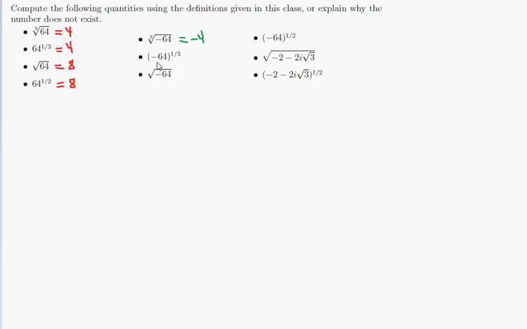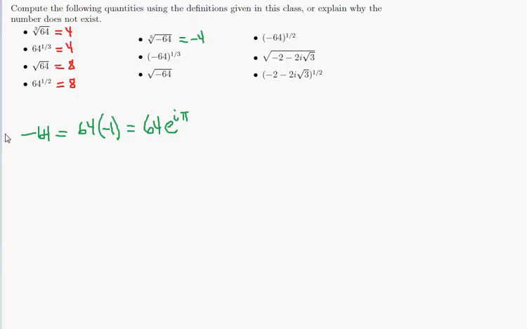When we use this notation, negative 64 to the 1/3, we're going to be using de Moivre's theorem. So let's explain how this is going to go. Negative 64 is equal to 64 times negative 1, which is 64 times e to the i pi.